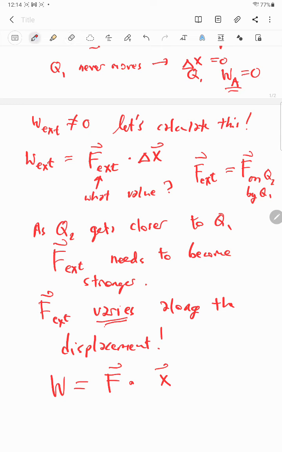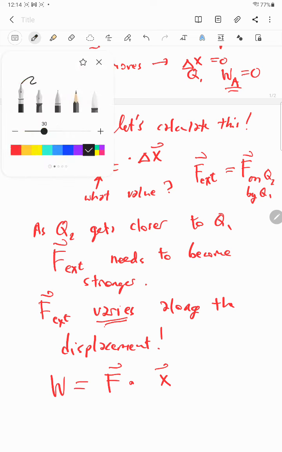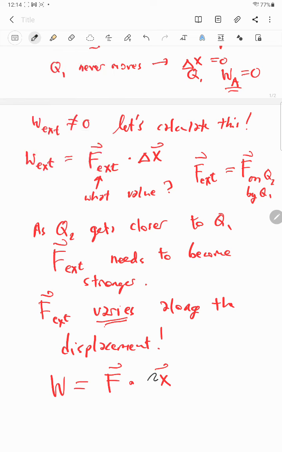We're going to imagine really small calculus displacements, right? So these are small displacements, vector displacements, but in the calculus sense. And all we get from that is small bits of work. And over this small displacement, the force that's being supplied is basically constant.